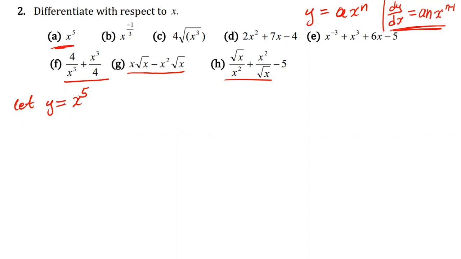Given the function y is equal to x to the power 5, the best way to solve this is by using the power rule. Remember what I said: you first multiply the coefficient of x with the power.